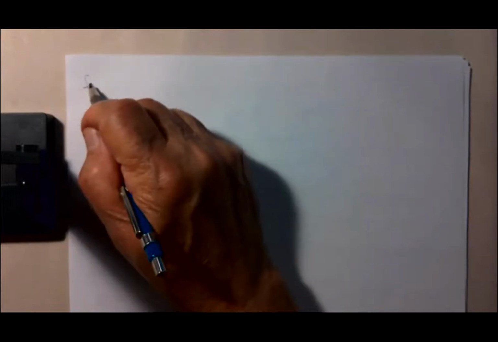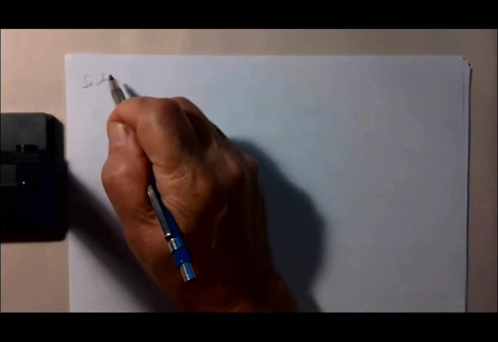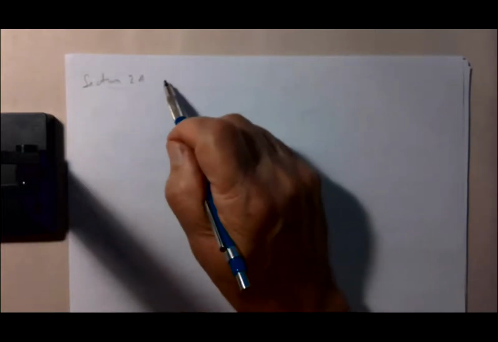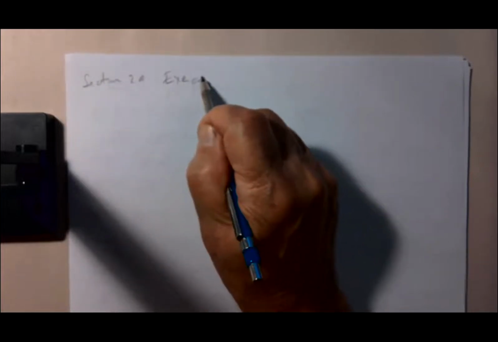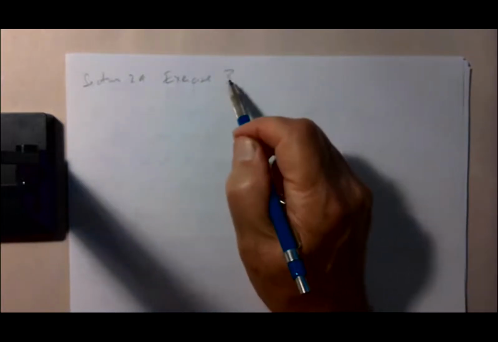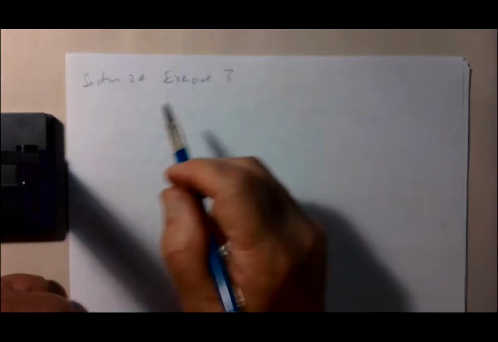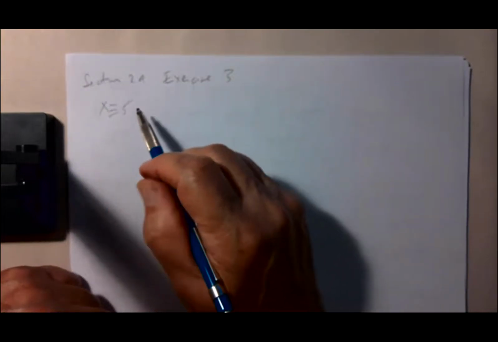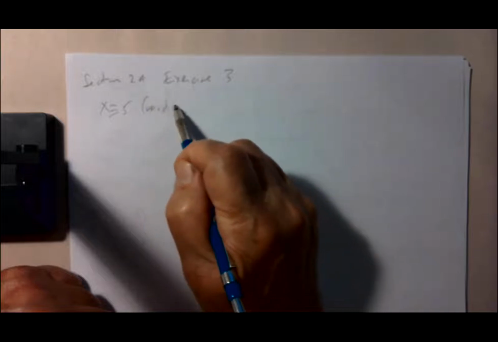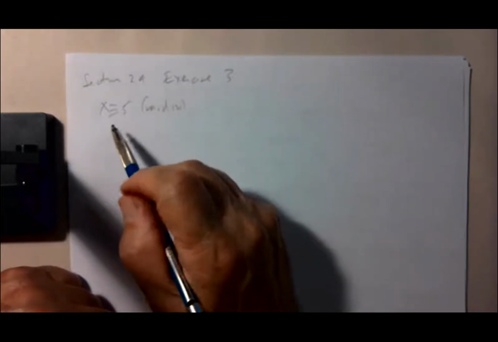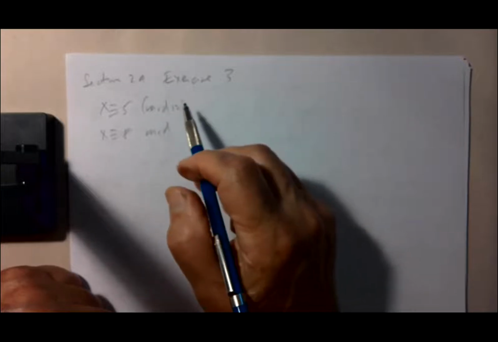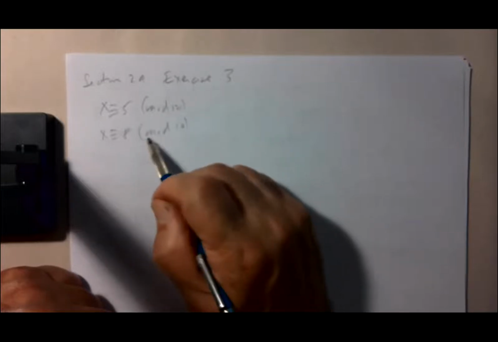So this is section 2.4, Exercise 3. We want to solve x congruent to 5 mod 12 and x congruent to 8 mod 10.